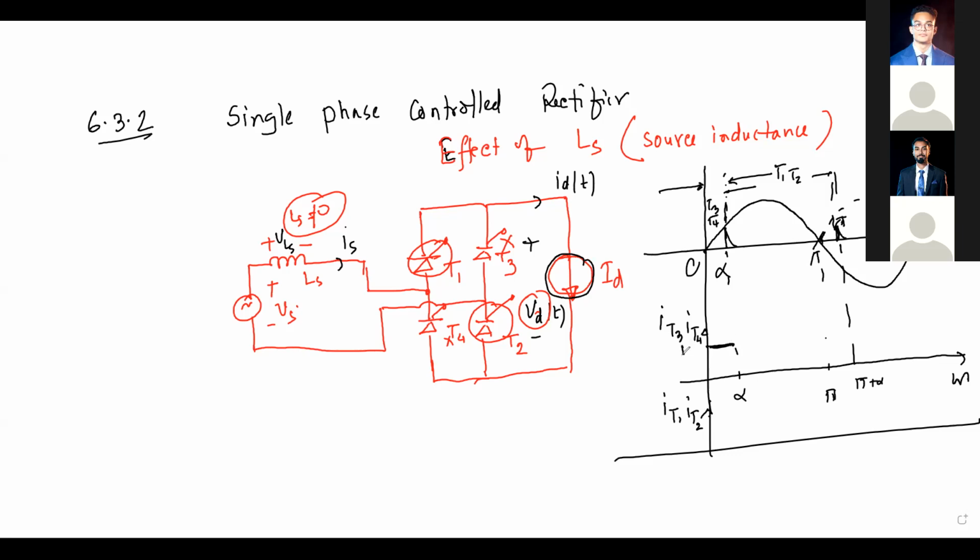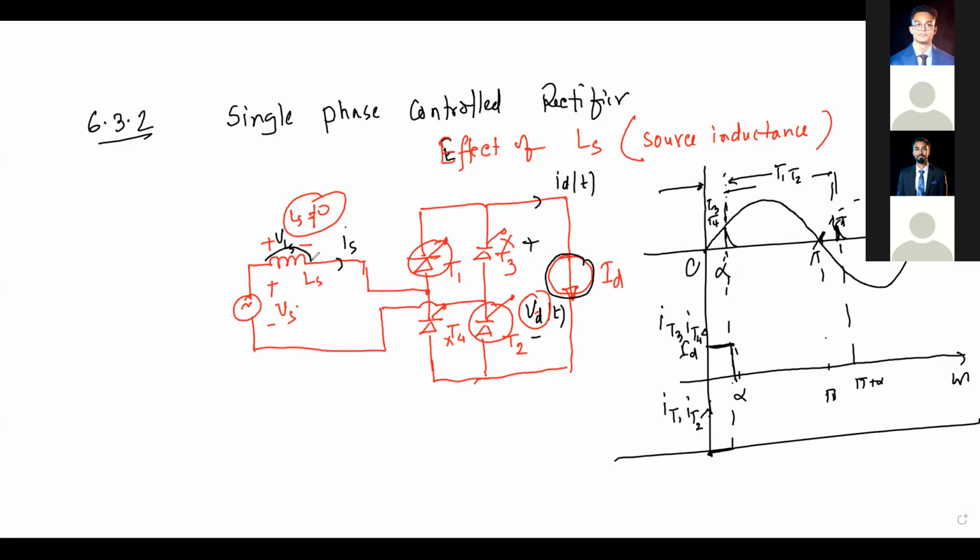So I have plotted here. Now we have fired here, and then T1 and T2 are supposed to conduct. So up to this, the current goes to T1 and T2. Now, if LS was 0, then immediately this current would come to 0, right?